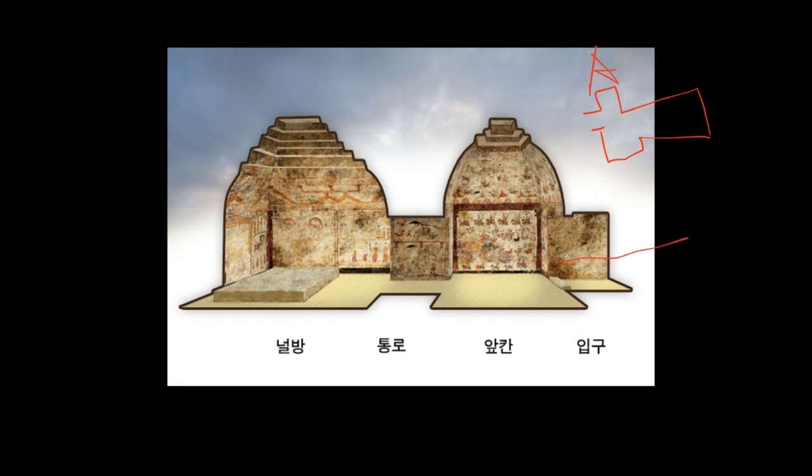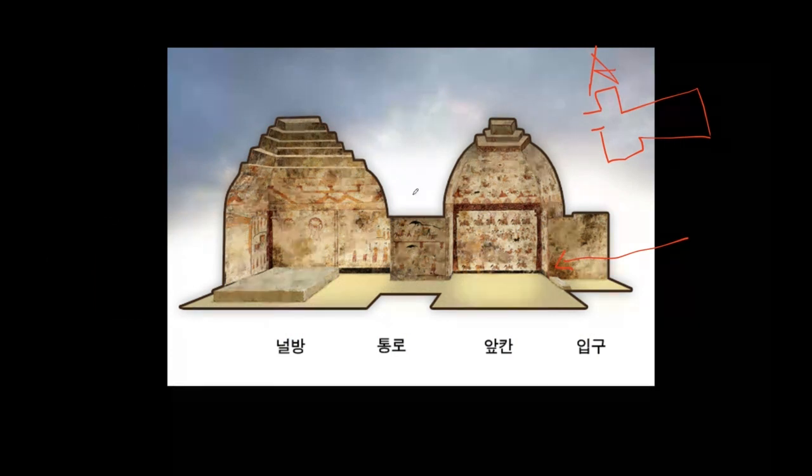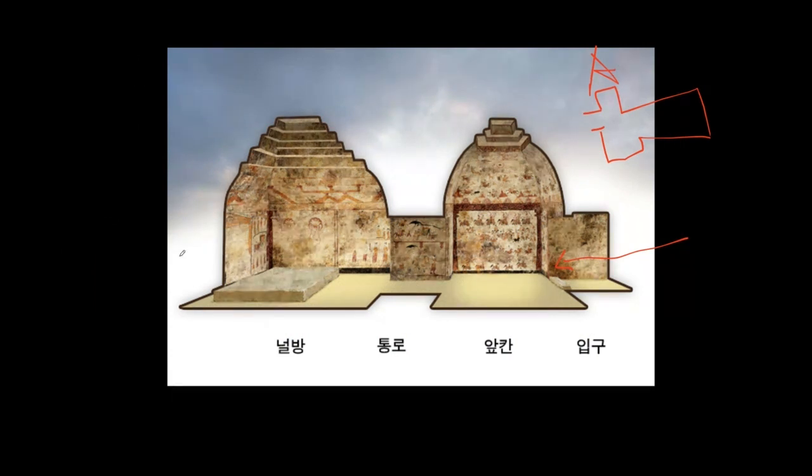It's an entrance, and then you have a double chamber, sometimes called the twin chambers, almost identical. You have a front room, then you pass the passageway, then you have a main room. So instead of dividing their attention among different rooms, they wanted to be consolidated.